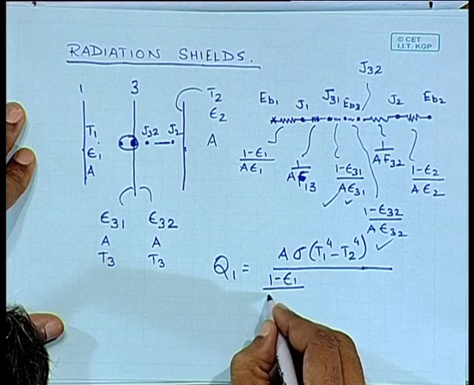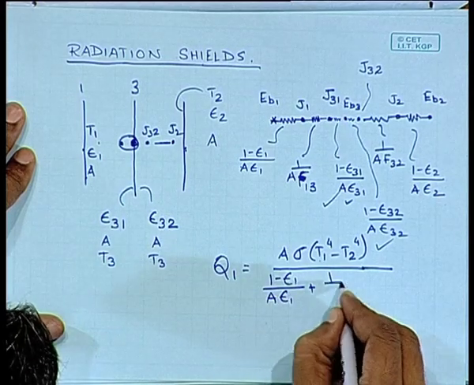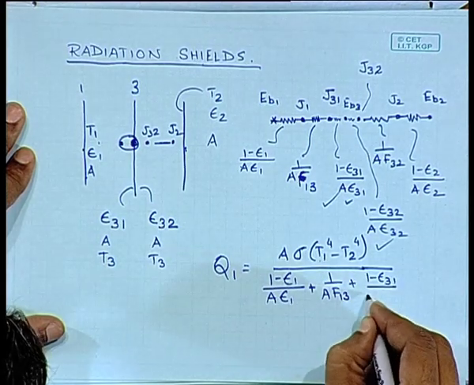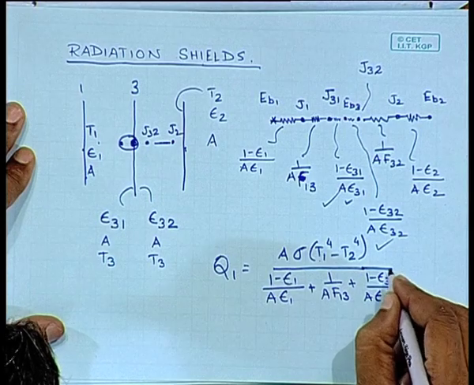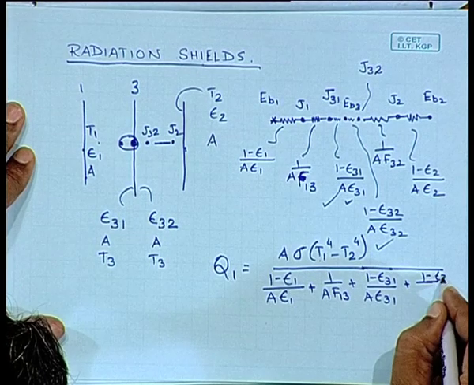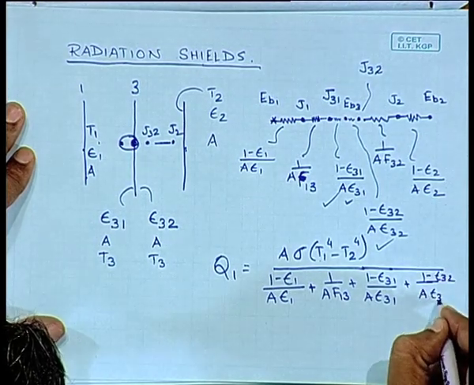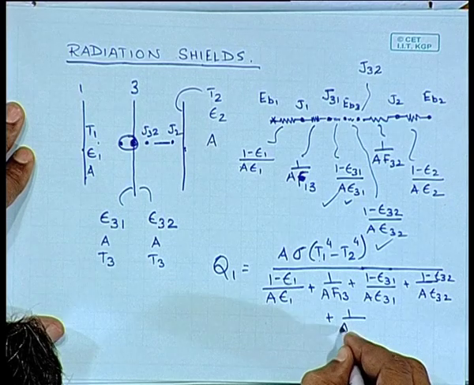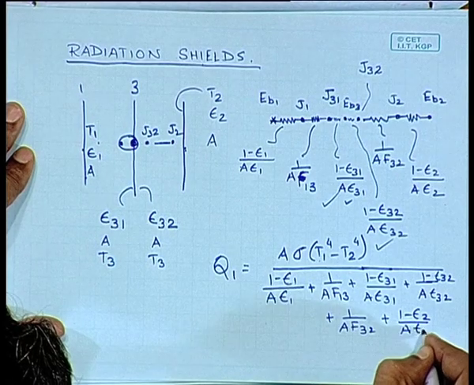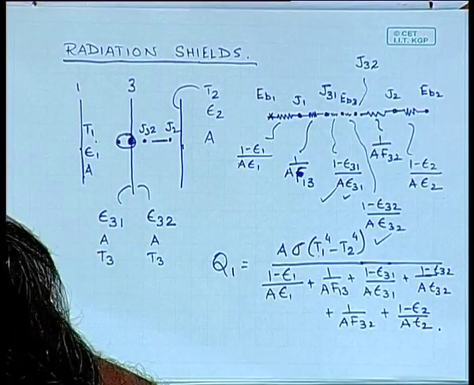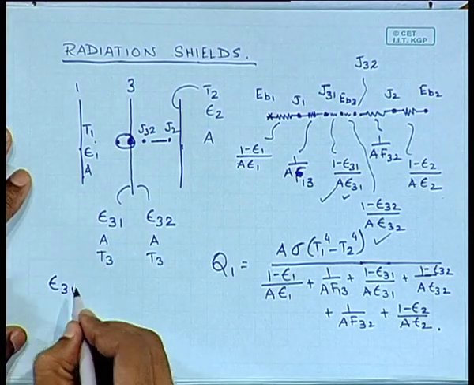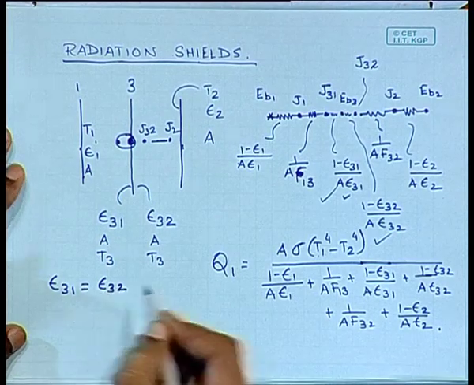So, 1 minus epsilon 1 by A epsilon 1 plus 1 by A F13 and so on.